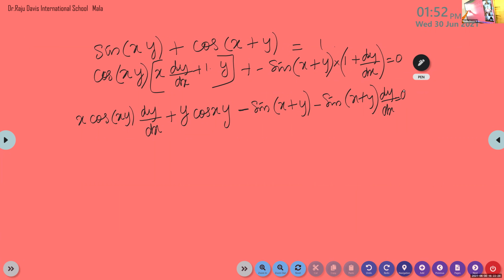Next step, we are opening the bracket, multiplying. So when you open the bracket, x cos of xy dy by dx plus y cos of xy. The same way, positive into negative, it will become negative: negative sine of x plus y into 1, so it is negative sine of x plus y. Again minus sine of x plus y into dy by dx is 0.